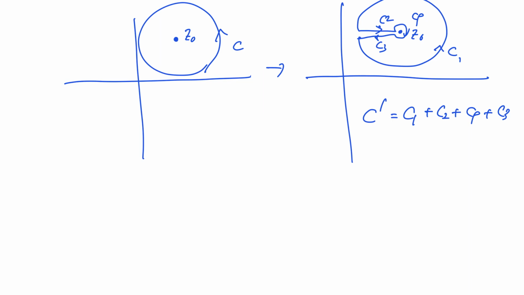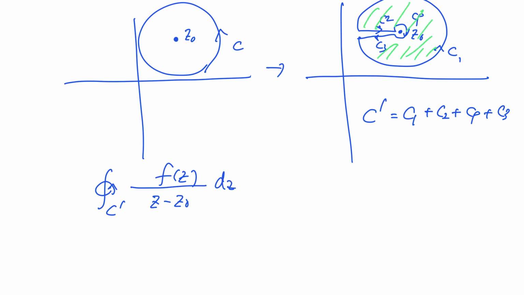So what happens if we have C prime? Now, z naught is outside, right?